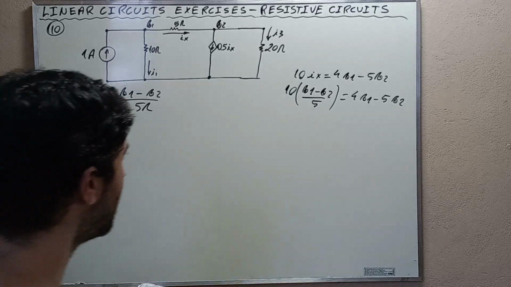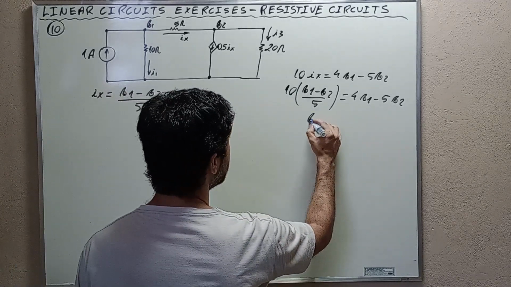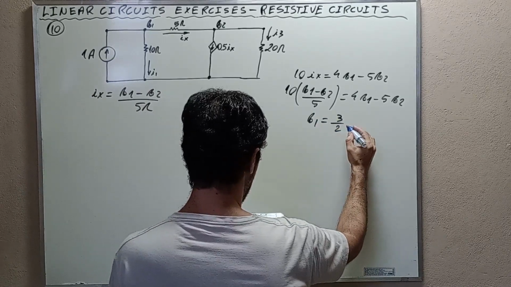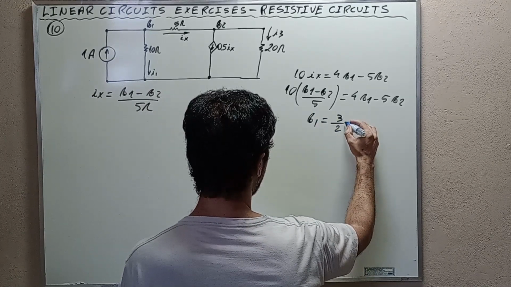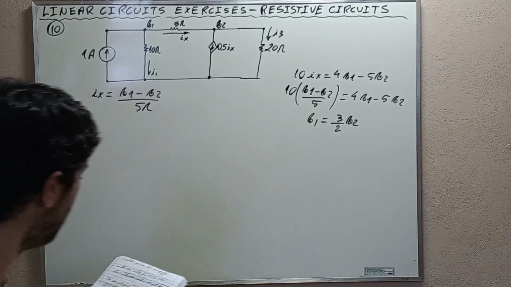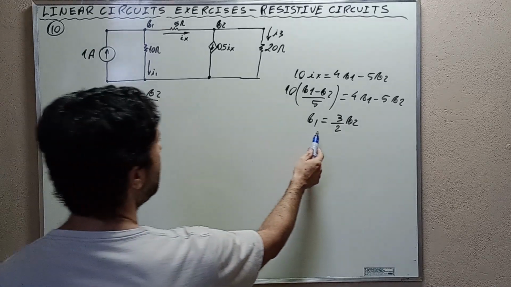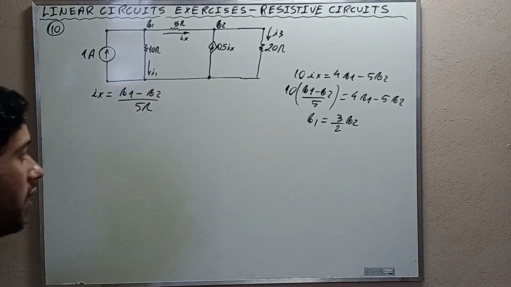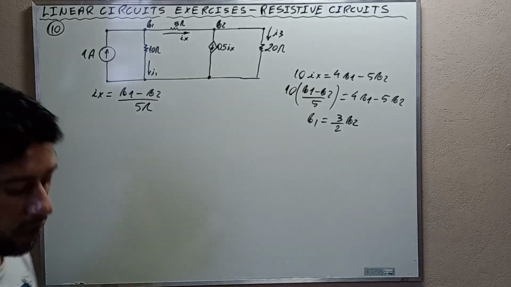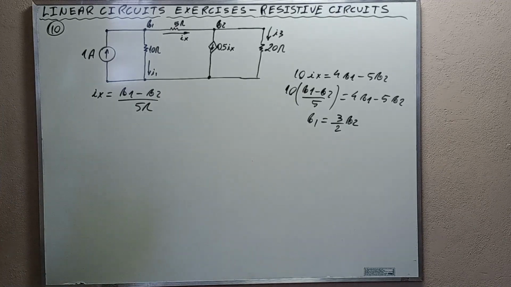And after manipulating this, we find that V1 is equal to 3/2 of V2. And we are going to apply this in the other equation. I asked you to keep the equation. I had to erase because I needed room.